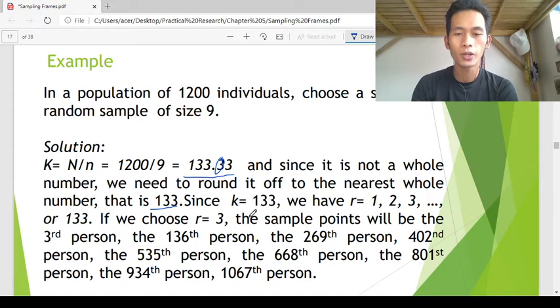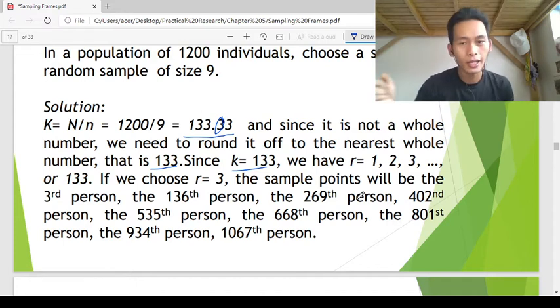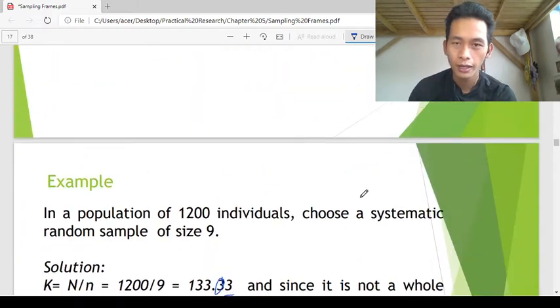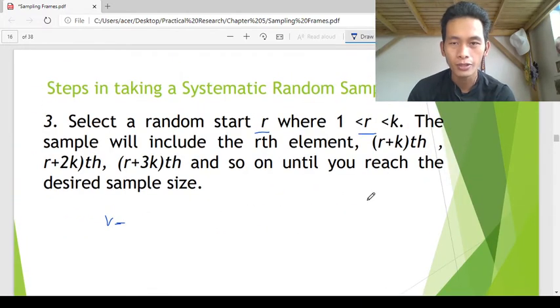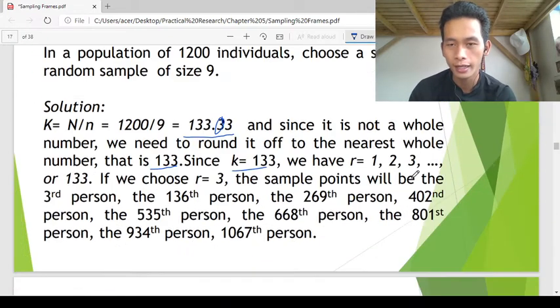Since k is equal to 133, the interval is 133, we have to determine the random start, which is R. The random start can be 1, 2, 3, or 1 up to 133. Take note in selecting the random start, 1 is less than the random start, and the random start is less than k.